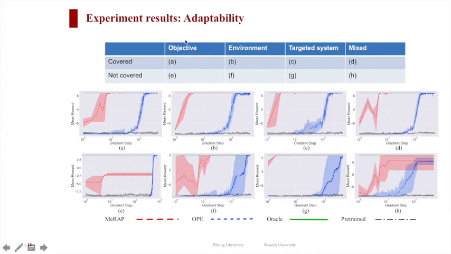From the concern perspective, AE shows that the objectives are changed, BF shows that the environment is changed, CG shows that the targeted system is changed, and DH shows that all three concerns are changed.